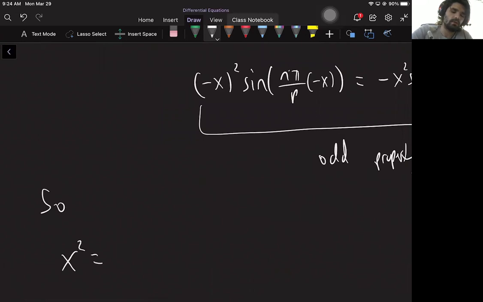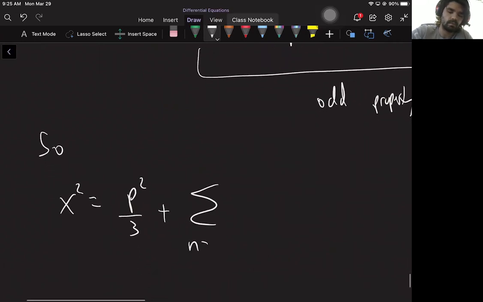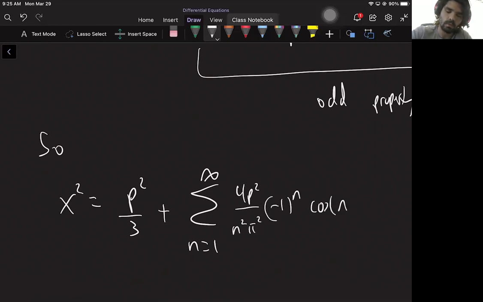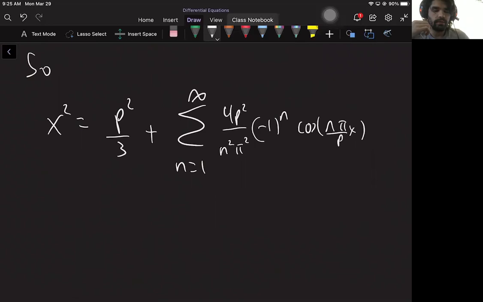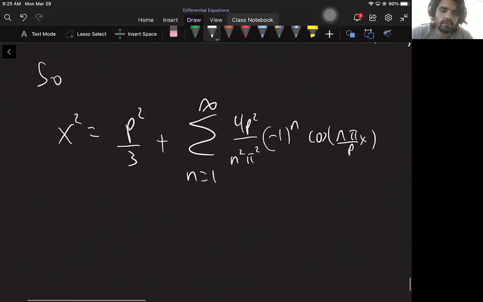x squared equals, so that very first term was p squared over 3. The sine part is not going to be there, and I'm just going to have this cosine sum. So this is the Fourier series for x squared.